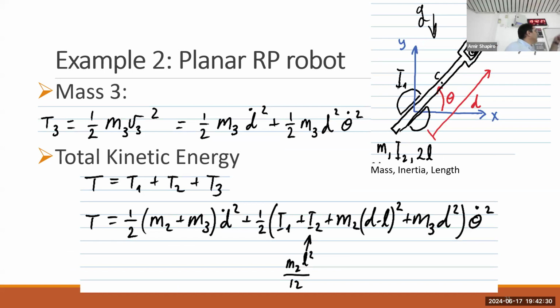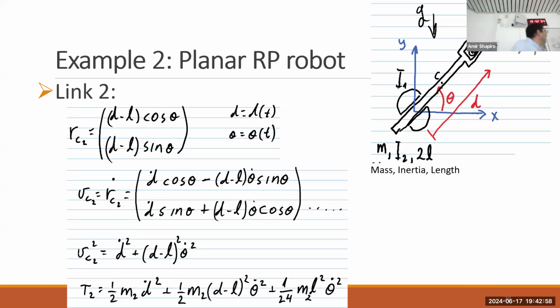Now mass 3 also has some kinetic energy. Since it's a point mass, it doesn't have a rotational kinetic energy. So it's only half m3 v3 squared. And v3 squared is similar to this, but we have only d.